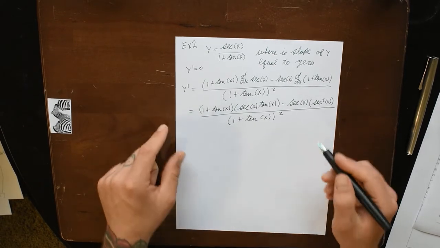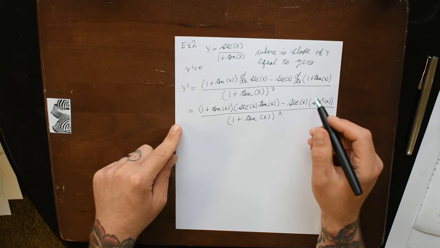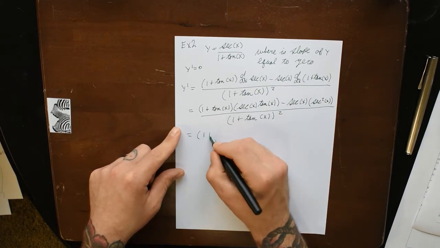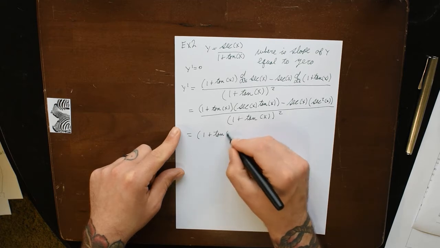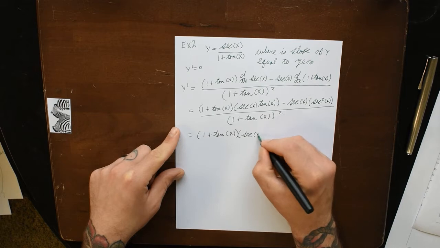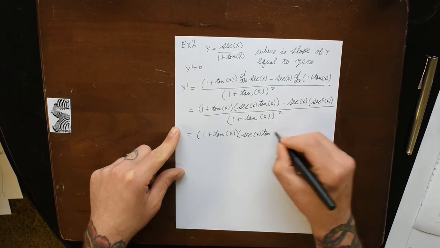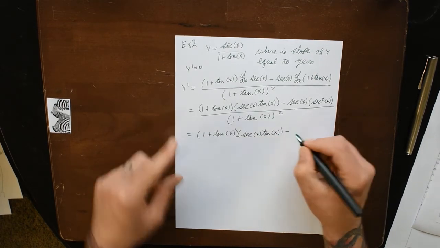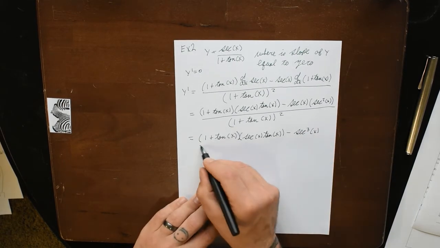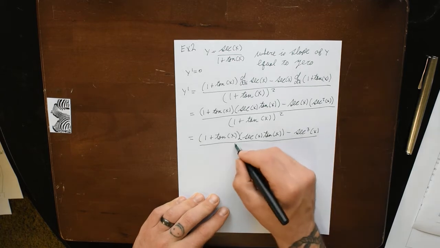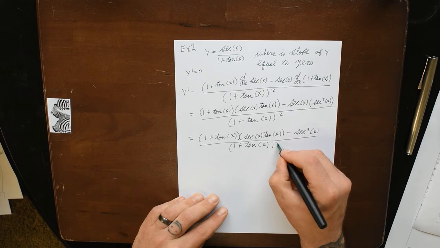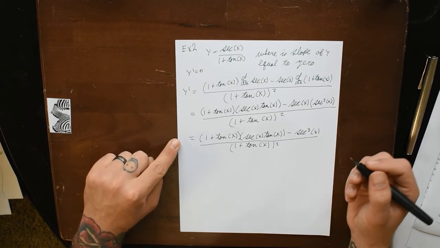Perfect. So at this step, where's a good spot to stop? If you were just asked to give a derivative, 1 plus the tangent of x times secant of x tangent of x, minus secant cubed of x, all over 1 plus the tangent of x quantity squared is a perfect spot to stop for the derivative.